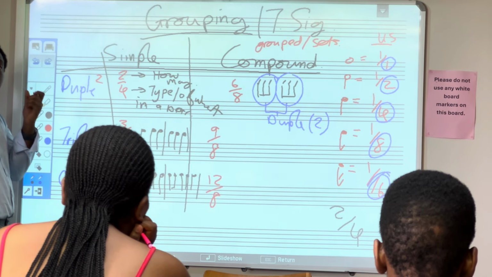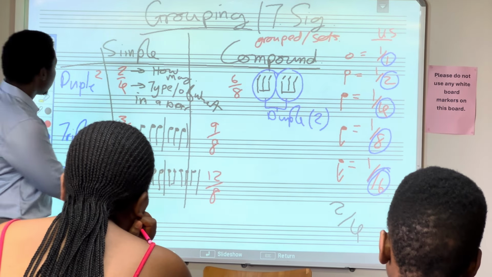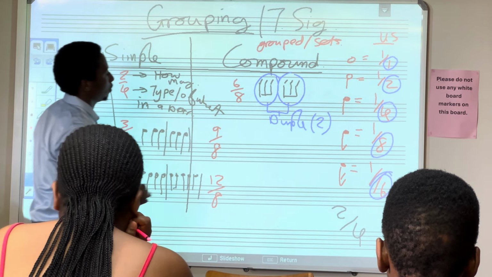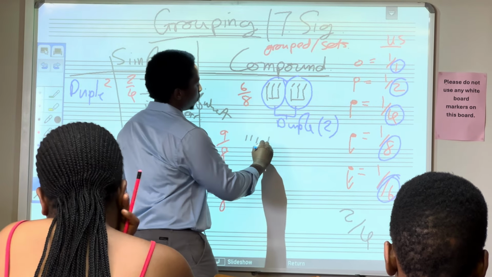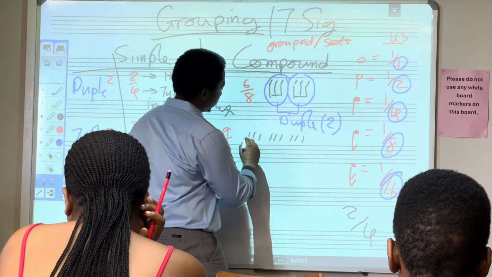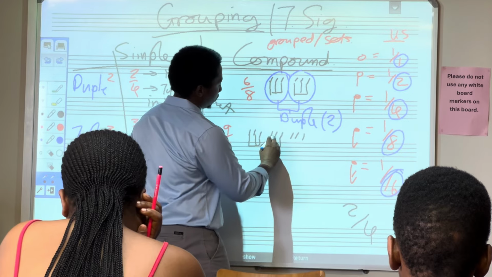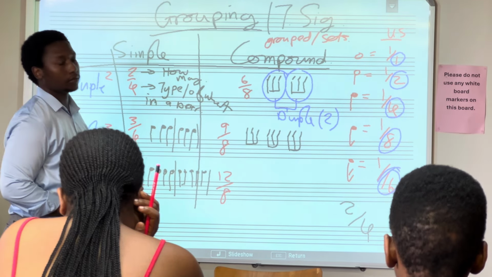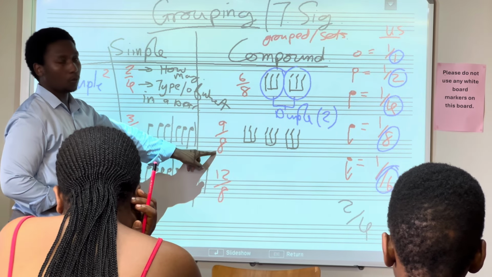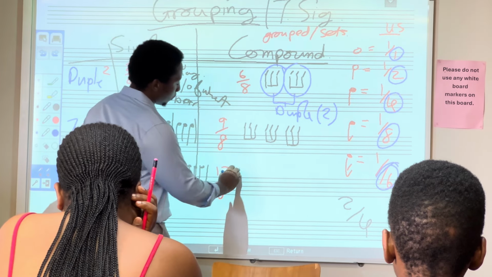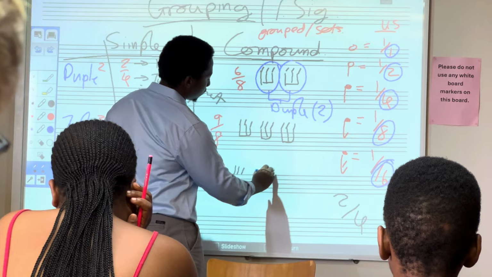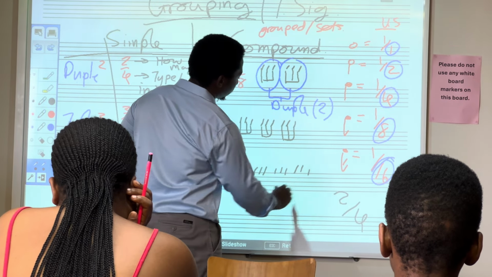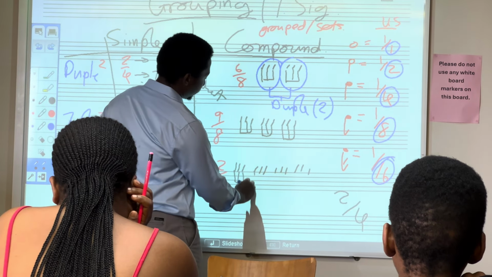That's the foundation of all time signatures. Same thing here. 1, 2, 3, 4, 5, 6, 7, 8, 9. 3 sets. 9 quavers. Same thing here. 1, 2, 3, 4, 5, 6, 7, 8, 9, 10, 11, 12.